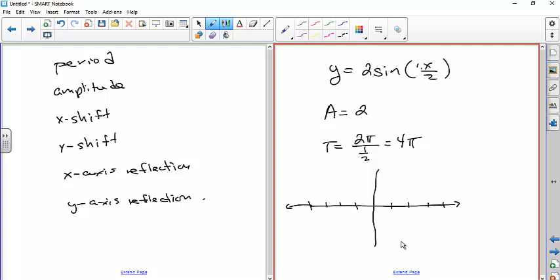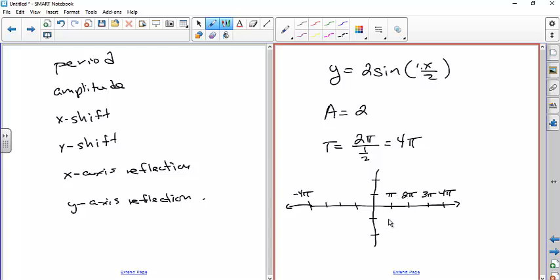And then you'll have some kind of a scale up here, and you just have to figure out what that is. So to do the x scale, you just write the period in on the positive side. You write the period in on the negative side. Then you take that period and break it into 2. Take the half period, break it into 2, and then count: 1 pi, 2 pi, 3 pi.